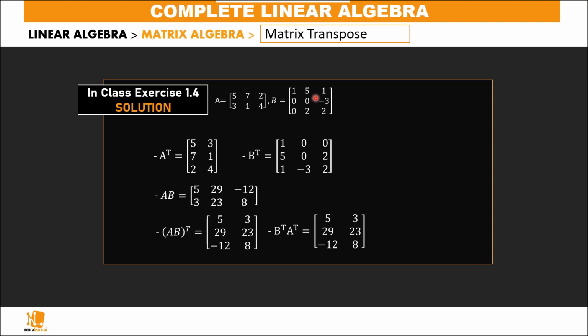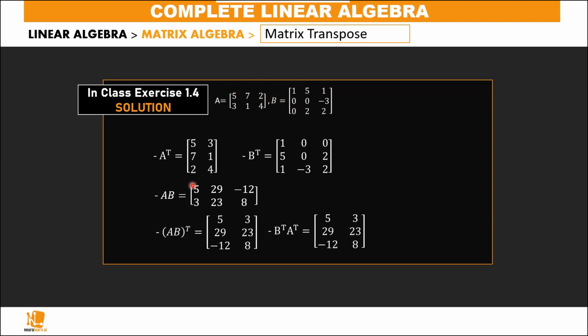Multiplying A and B involves getting all these new elements. To get the element on the first row, first column, we multiply the first row of A by the first column of B. So we've got 5 times 1 giving us 5, plus 7 times 0, which is 0, plus 2 times 0, which is 0. So we end up with 5.